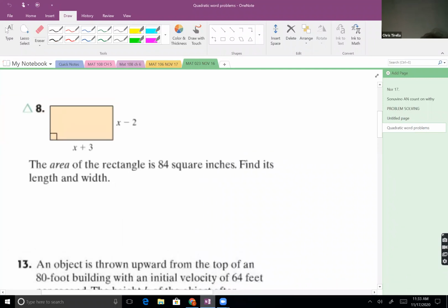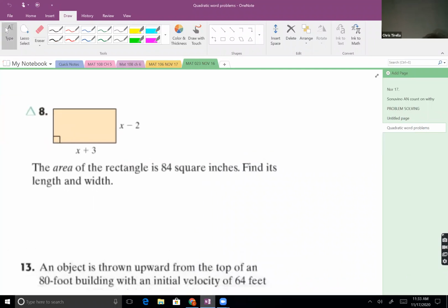The first one says the area of the rectangle is 84 square inches. Find its length and width. Does everybody see that with this problem, we're already given a diagram?